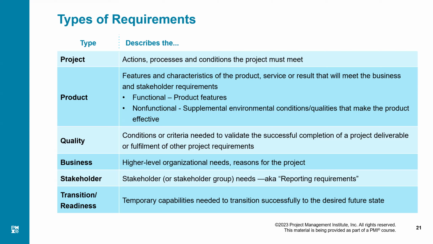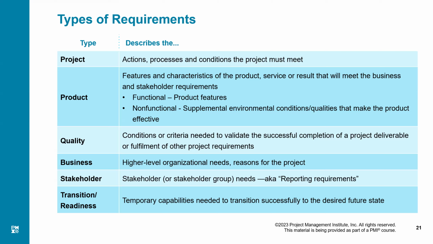Then we have the stakeholder requirements. These are the individual stakeholders or groups of stakeholders, and we may have some reporting requirements about the project work. Every stakeholder may need information in a different format, so they are called the stakeholder specific requirements. These are the stakeholder needs, right?